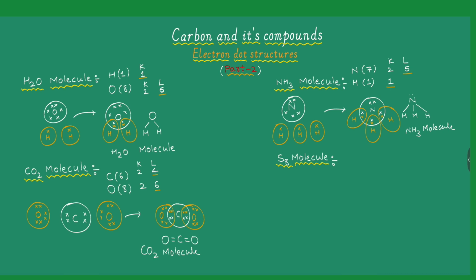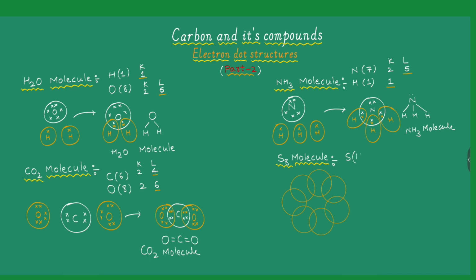Now S8, one of the interesting structures. Let us see how to draw the S8 electron dot structure. You can see the ring structure here. Before we discuss this ring structure, let us see the atomic number and electronic configuration of sulfur.